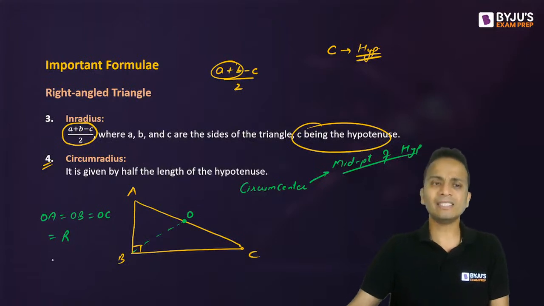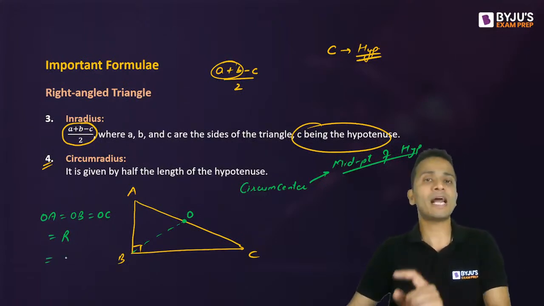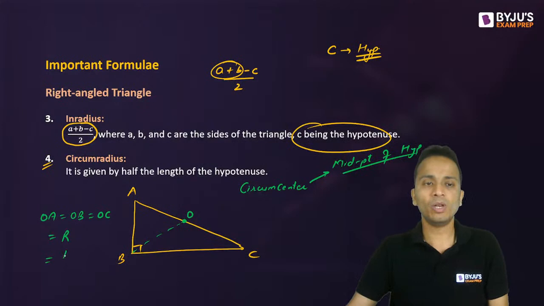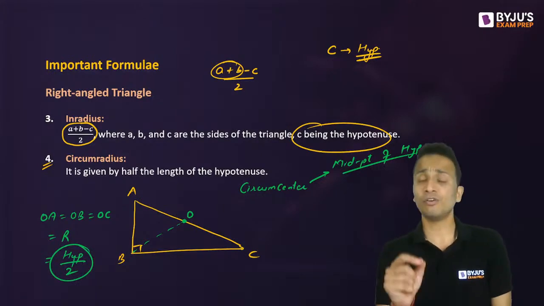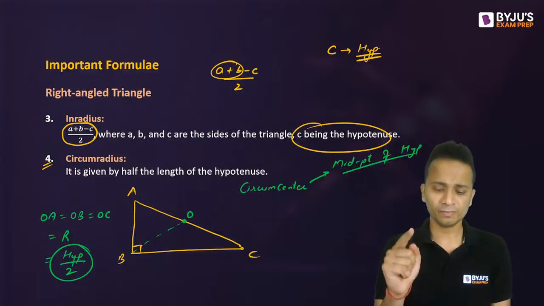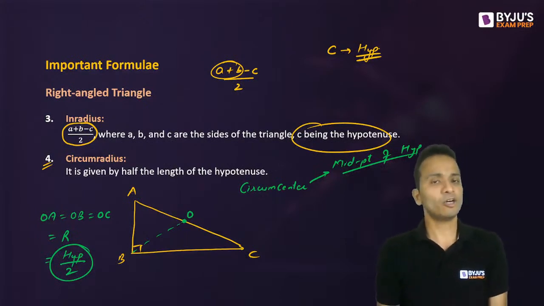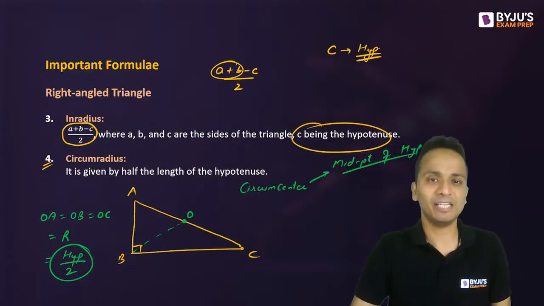So you can say that the circumradius of a right angled triangle will always be hypotenuse divided by 2. All right. So inradius and circumradius for a right angled triangle, these are the direct formulas. Now you all can keep noting down all these things. It will definitely help you in the examination.